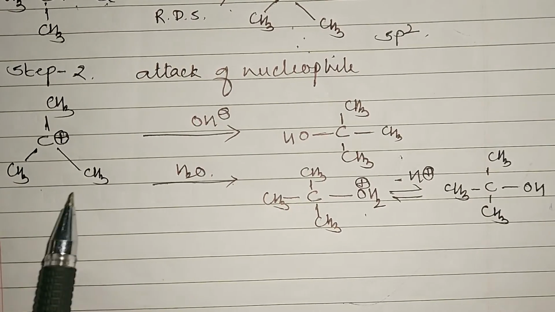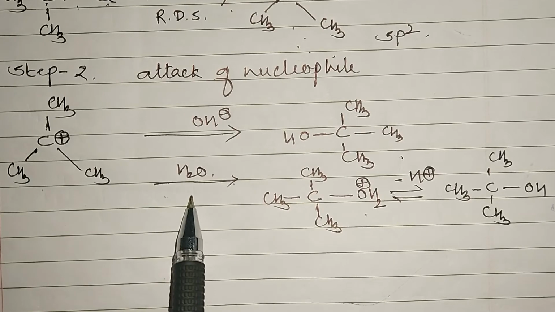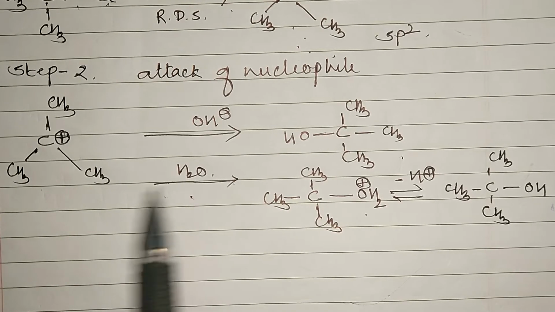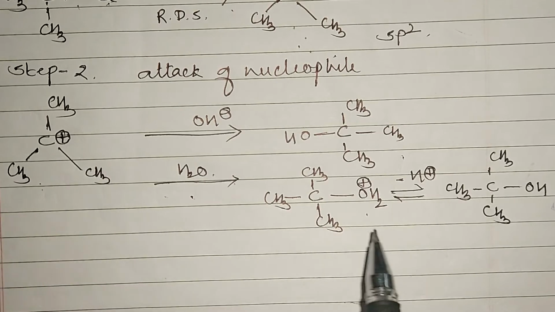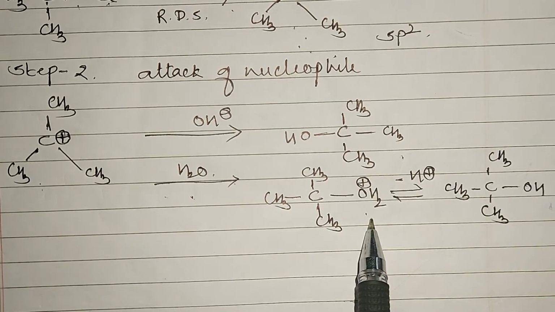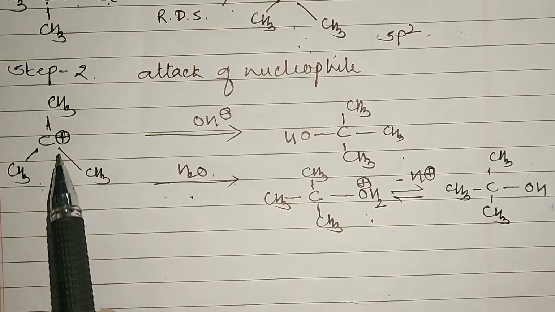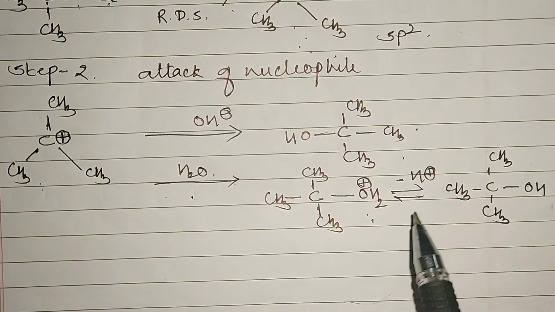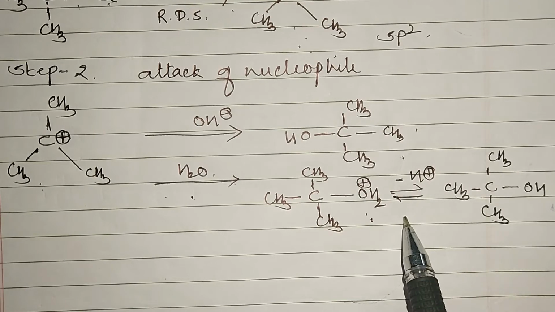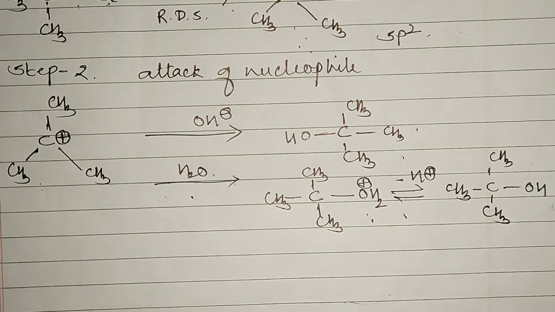In this reaction, where H2O reacts with the carbocation, the reaction is called solvolysis. Where OH reacts with this cation, the reaction is called hydrolysis, and here the reaction is solvolysis. In this way, we can see that there are two steps in the SN1 mechanism.